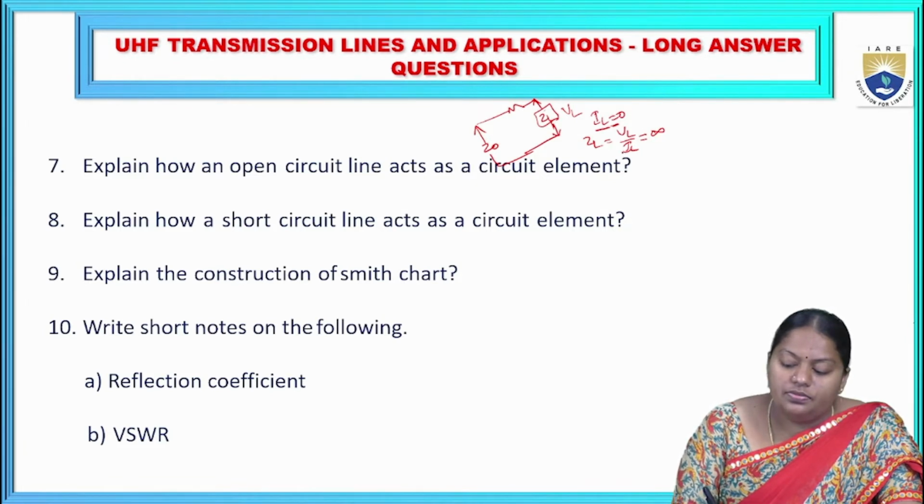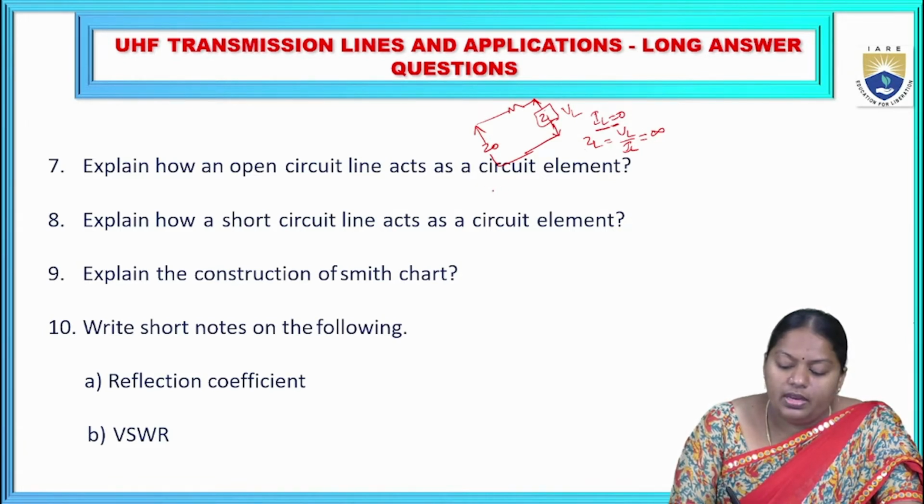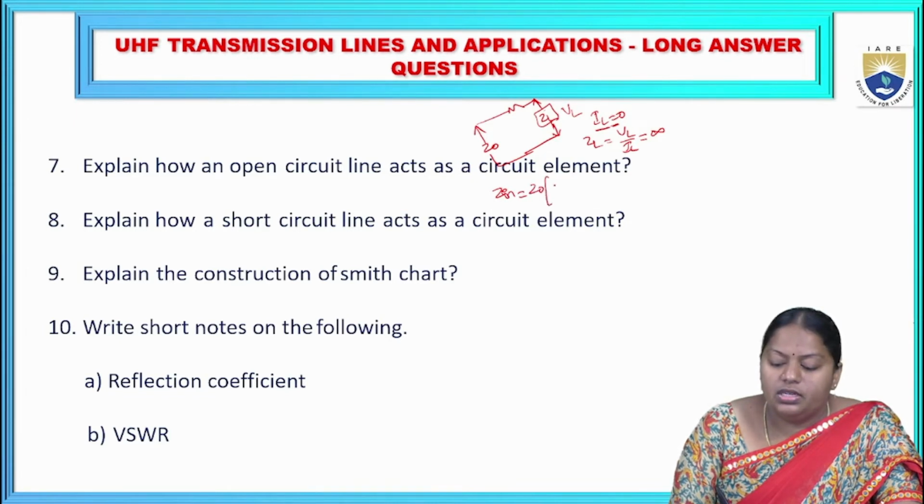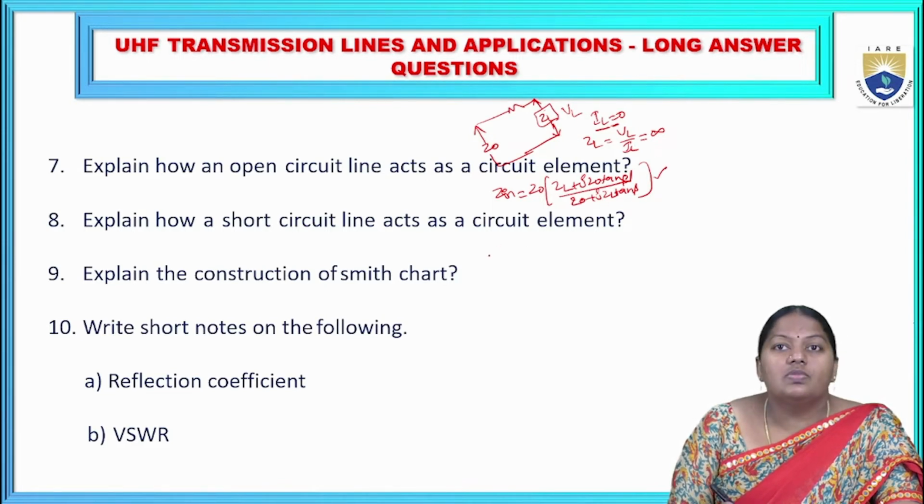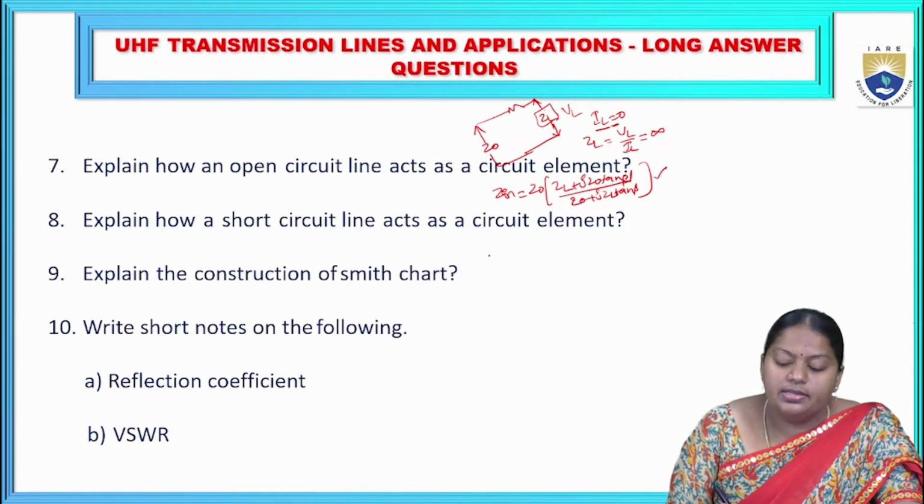If ZL is infinity, then the input impedance of a transmission line, Zin = Z0 (ZL + jZ0 tan βL) / (Z0 + jZL tan βL), needs to be simplified by substituting ZL as infinity. This comes under the open circuited line as a circuit element.